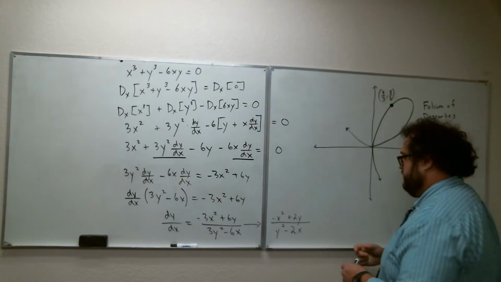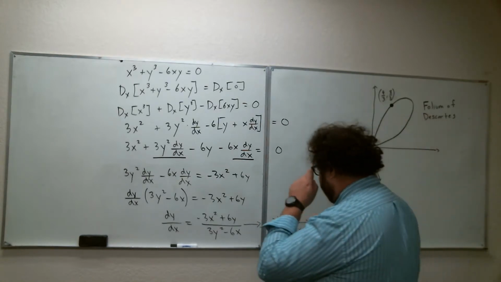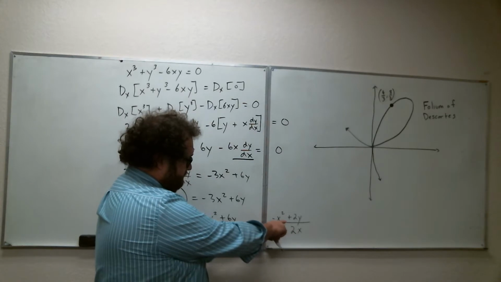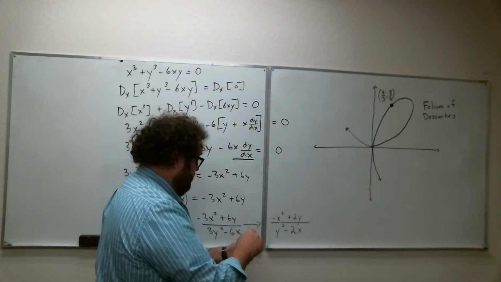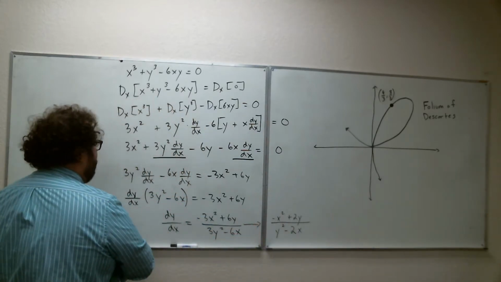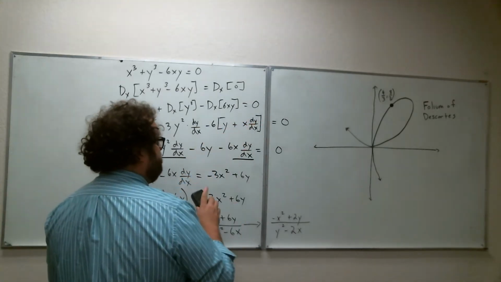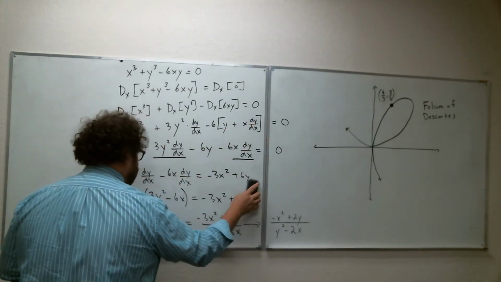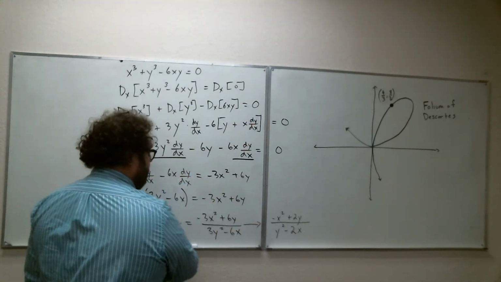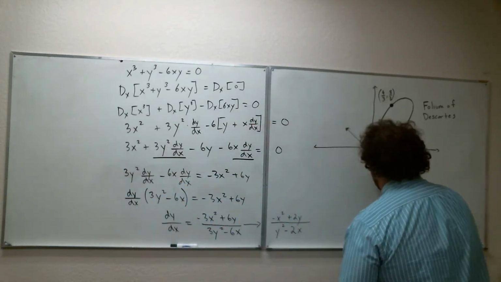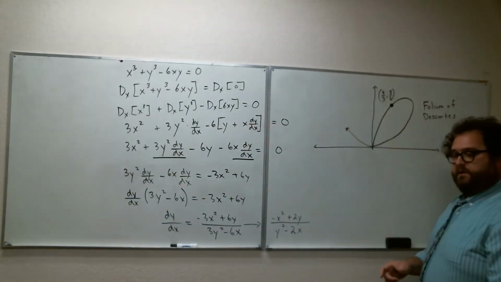Let's see. So we need to take this implicit function and evaluate it at (4/3, 8/3). Actually, we don't need the bottom half here. We'll just do the arithmetic right here.